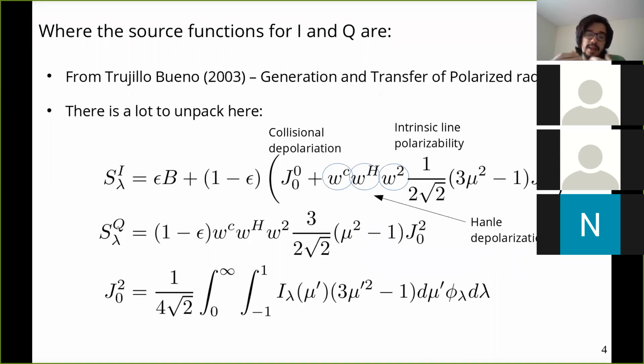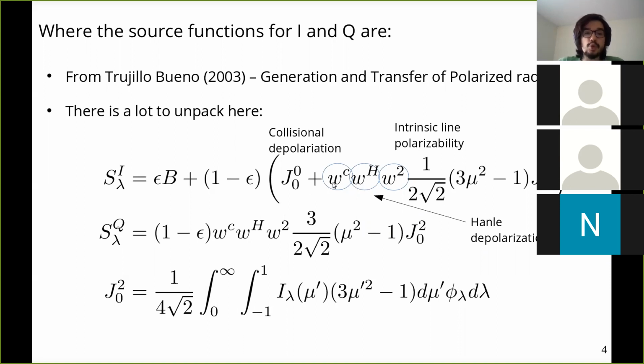And then another interesting thing here, which we're going to talk about a little bit more, is that in the case where we have the so-called mixed polarity fields that we very often call turbulent or microturbulent, we have these 3 terms here. We have this one term which corresponds to the magnetic field, called omega h, which is called the Hanle depolarization parameter.